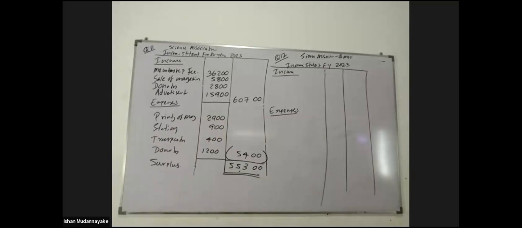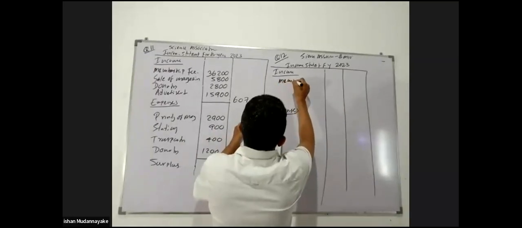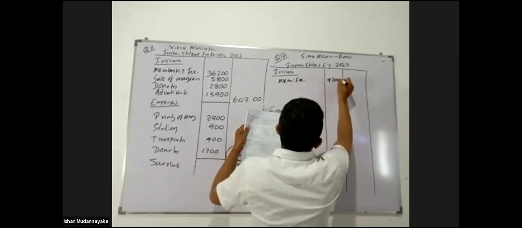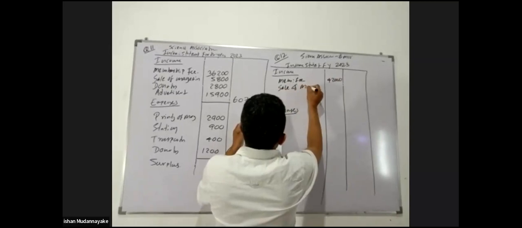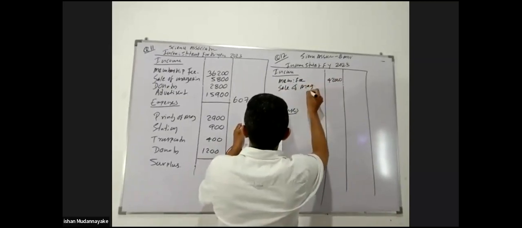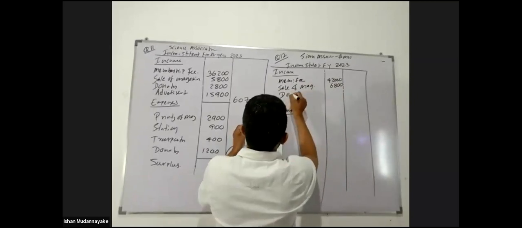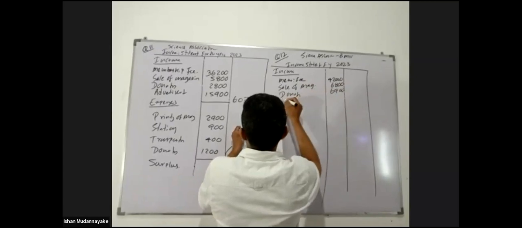Surplus, 6,000 total. Right. I got the answer from Lakshya and Kaushik. Here, look at the question. Membership fee 42,000. Sale of magazine 6,800. Donation received 6,900.